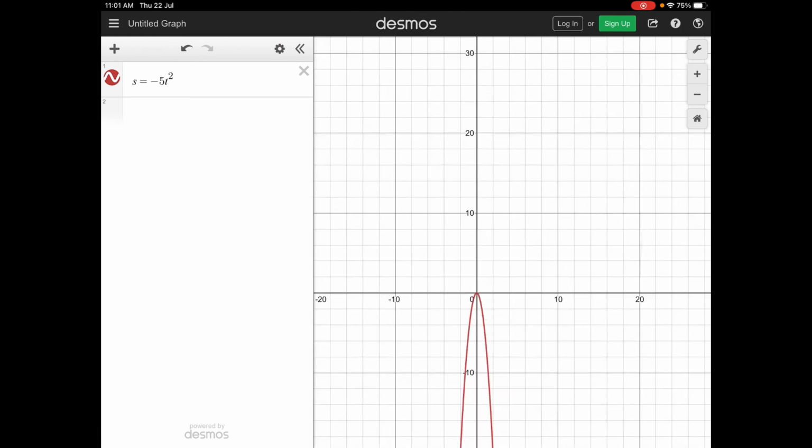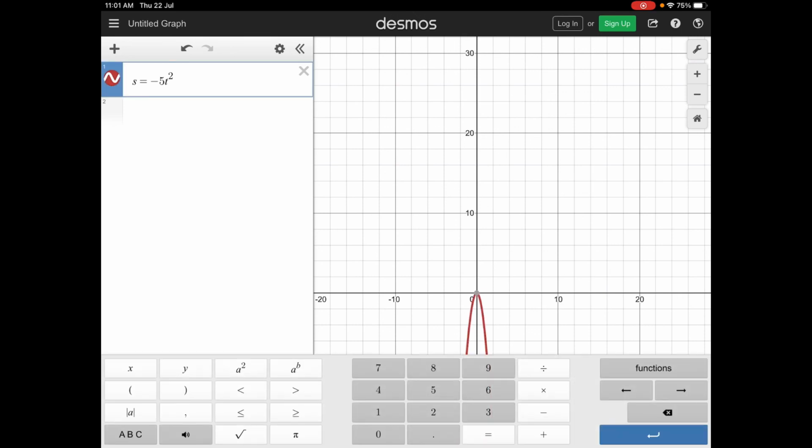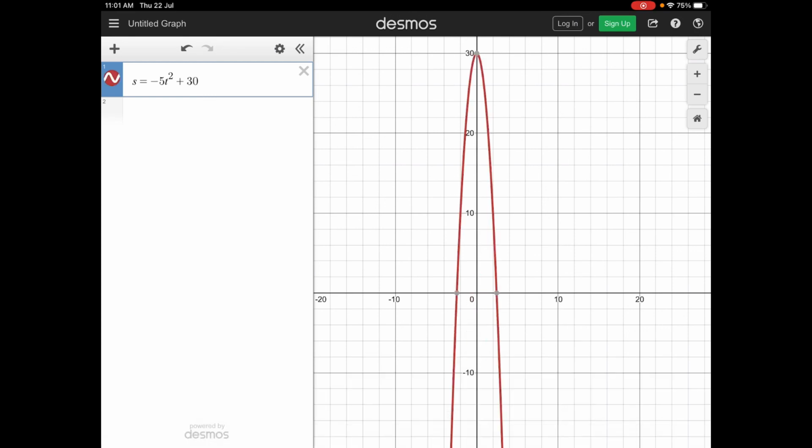If you remember back to translations, what we want to do is translate this graph up so that its starting value is at 30. So we're just going to add 30, translating the graph up vertically 30 units.